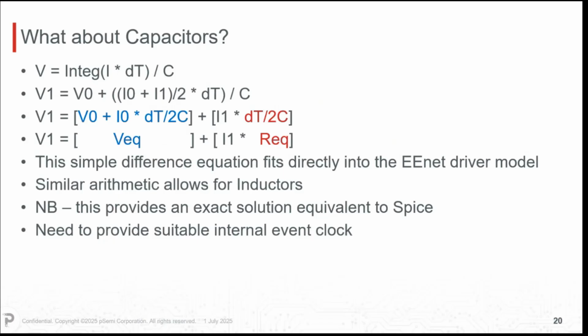There's a similar arithmetic that can be done for inductors as well, and this provides an exact-ish solution equivalent to SPICE. The key thing here is we're representing this as a difference equation rather than a differential equation, and it's driven by an internal event clock rather than what SPICE does, which is to have dynamic time step control to basically try and minimize errors.